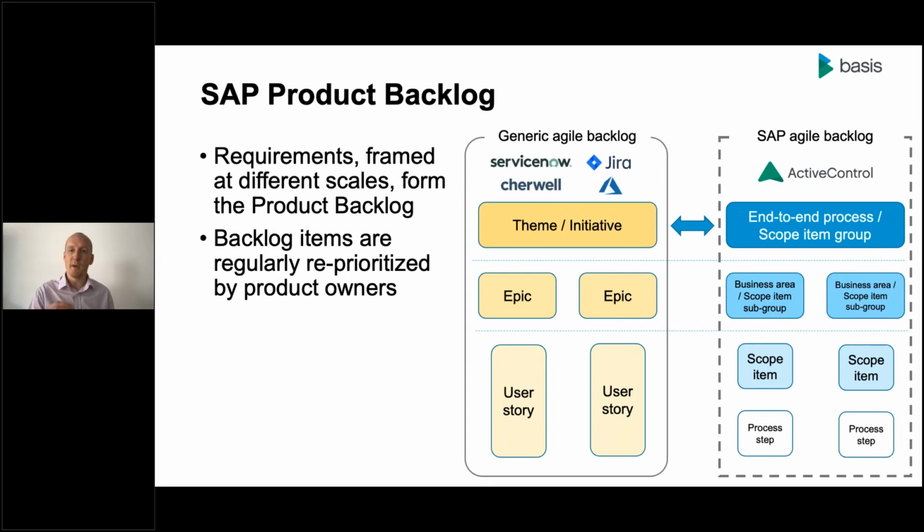The ultimate building block of requirements in an Agile process is what's called a user story. And this is a small unit of work that we try and define as what a particular user needs, why they need it, and what outcome they're looking for. And this is one of the key challenges and key mindset changes of adopting Agile, particularly in SAP, of how we can break down our requirements into those small consumable chunks.